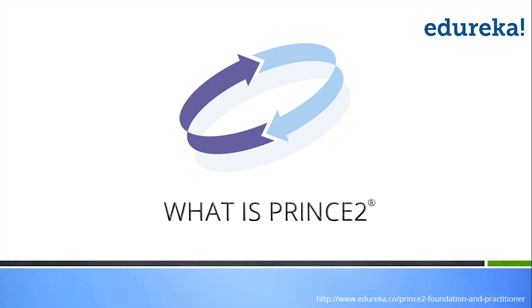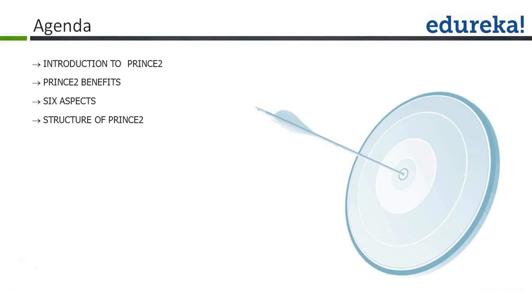Before we start with the core topic, let's quickly go through the agenda for today's session. What you see on the screen currently is the agenda for our discussion today. We will start with an introduction to PRINCE2, the meaning of the acronym PRINCE2 and a brief history about it.